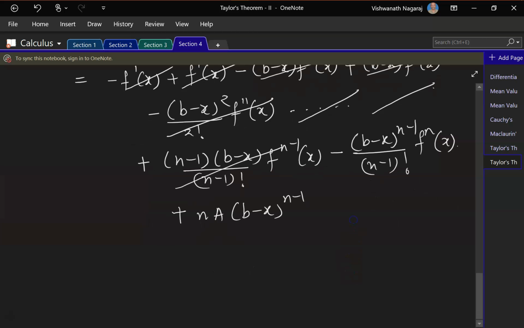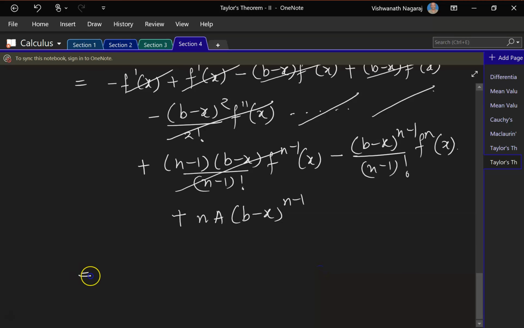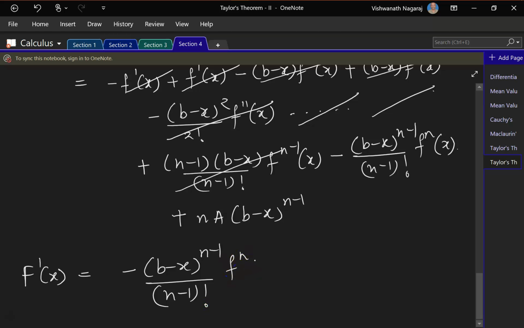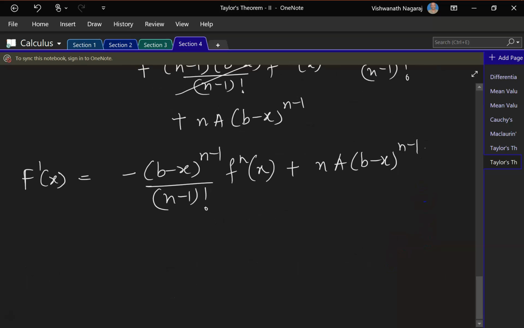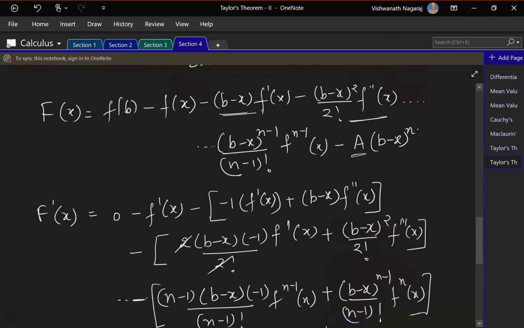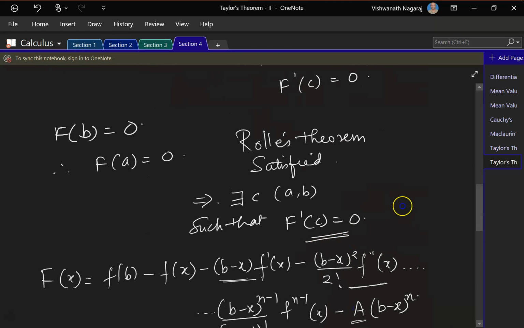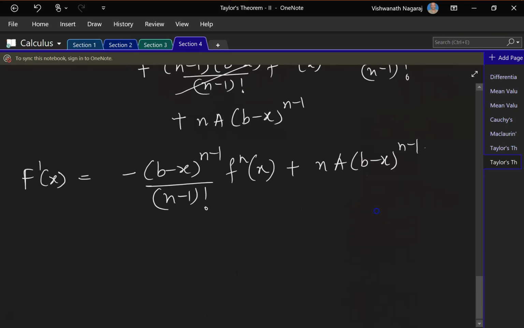Yes, so what we would be left with is f prime of x is equal to minus b minus x n minus 1 by n minus 1 factorial f nth derivative of x, okay, plus n a b minus x n minus 1. Now remember, we are talking of f prime of c equal to 0. Yes, so now let's take care of that.